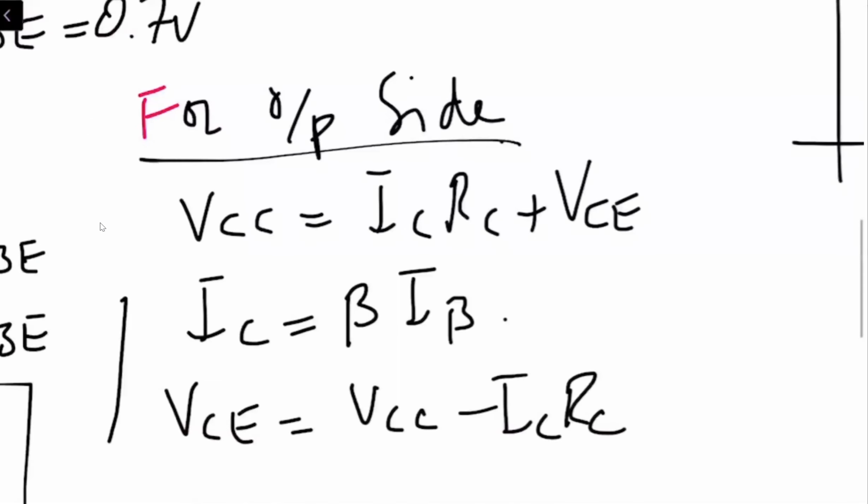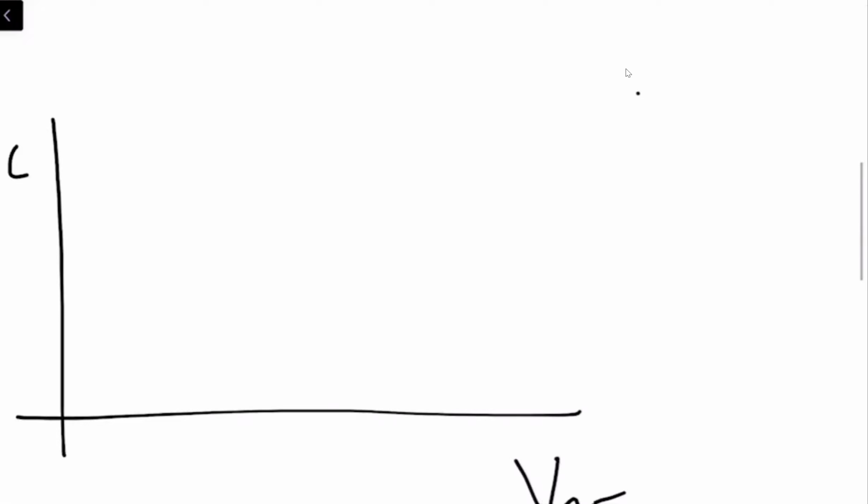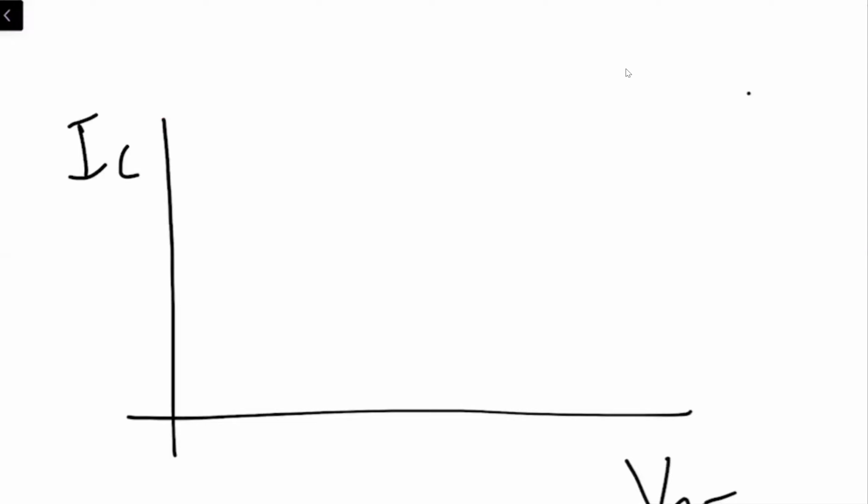IC is equal to beta times IB, right? So depending upon that, the value of IB is very important, and we know that for different values of IB, we have respective curves of IC which were plotted previously as well.